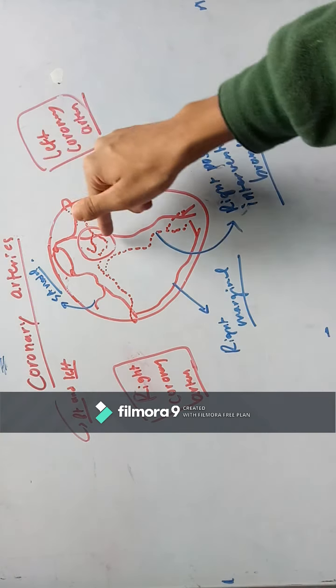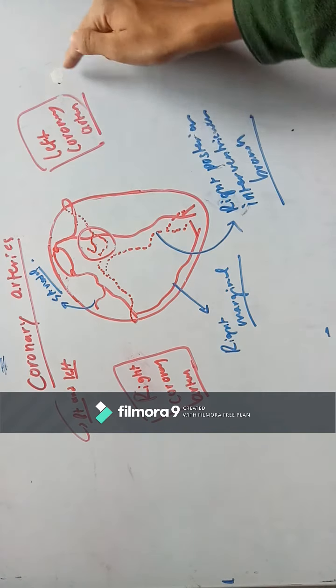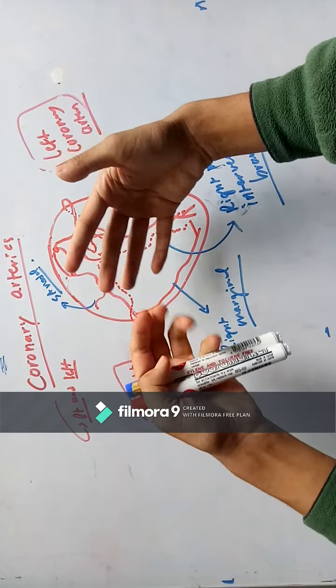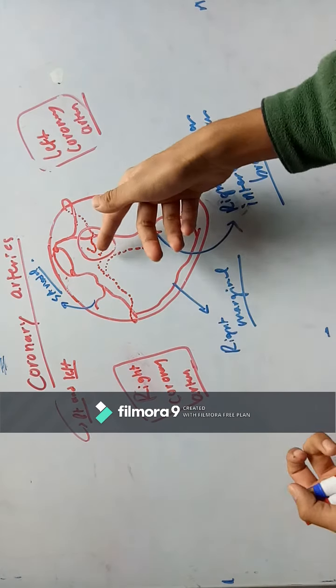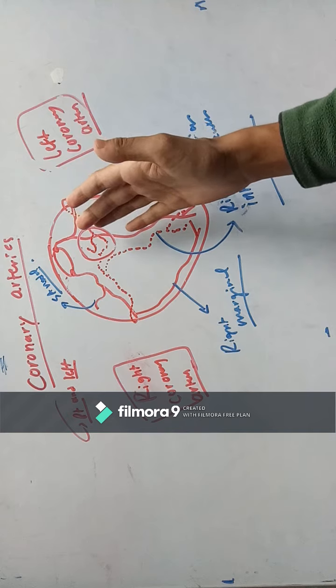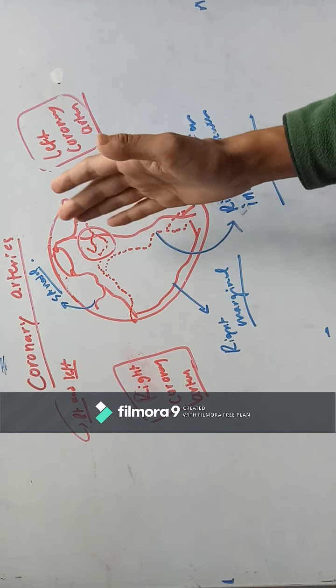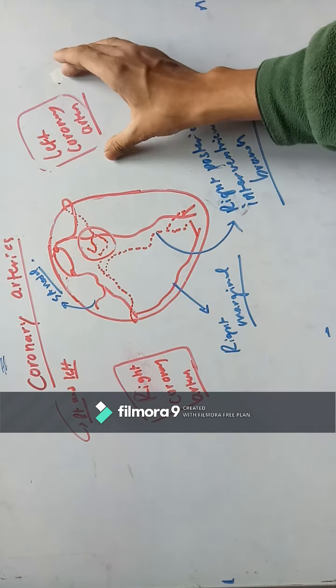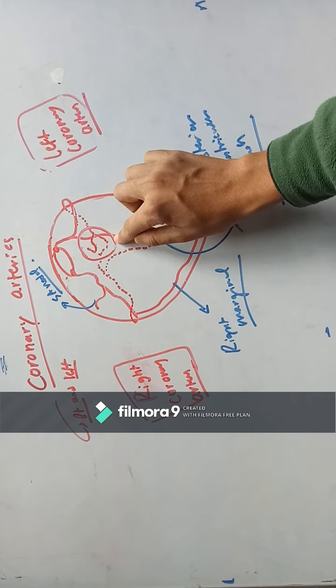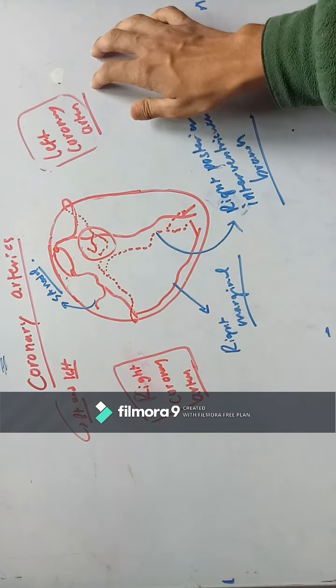So at the crux of the heart, the circumflex branch of the left coronary artery interconnects with the right coronary artery. The interconnection is called anastomosis. So an anastomosis happens between the left coronary artery and the right coronary artery at the crux of the heart. That's how the left coronary artery ends.